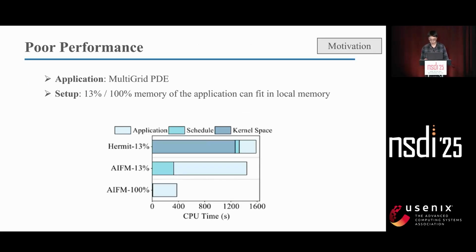Here, let me present an experiment conducted on a multi-grid PDE application upon two state-of-the-art systems, Hermit and AIFM. We compared two memory configurations, placing all data in local memory versus configuring local memory to hold only 13% of the data, with the remaining data stored in remote memory.